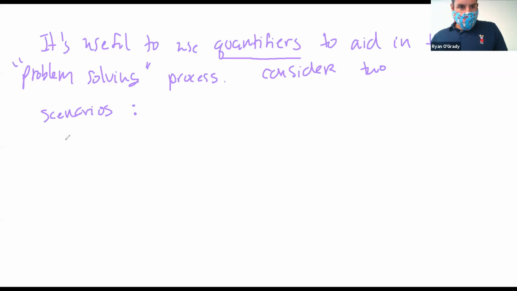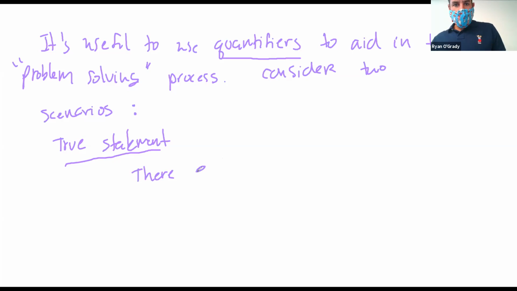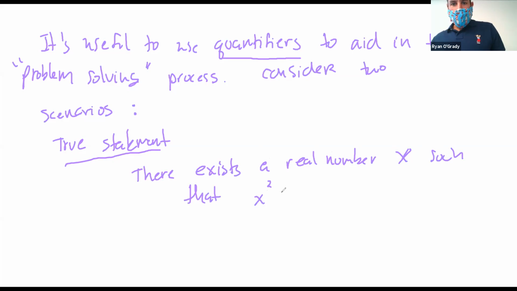So here we're going to have a true statement: there exists a real number x such that x squared is greater than x. That is a true statement, is it not? I just exhibited one: 1/2 makes this a true statement.